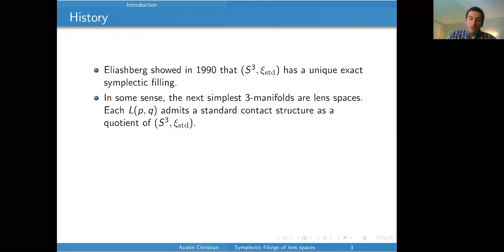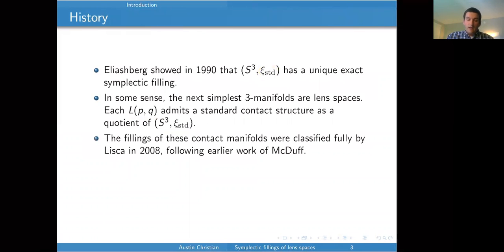If you take the standard contact structure on S3, it's going to be equivariant under this natural action by which you quotient to get the lens space. And so it induces a tight contact structure on L(p,q). So you could try to classify the fillings of those contact structures. And indeed, Lisca succeeded in doing so.